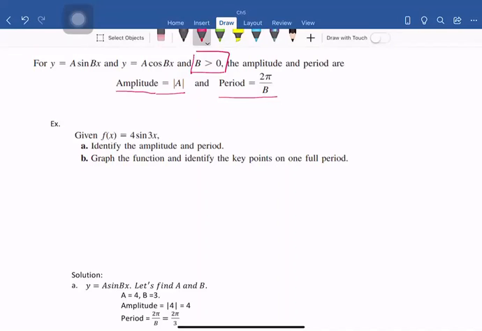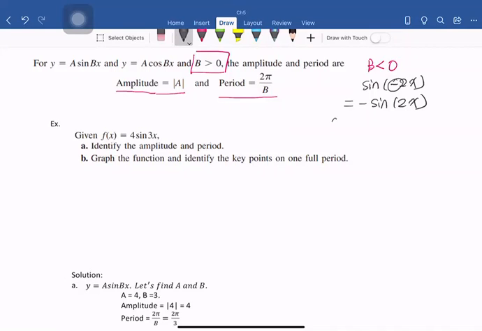If I have a b less than 0, by the even and odd functions, I need to convert the b to positive. For example, if I have sine negative 2x, I must convert it to negative sine 2x. And then we find the a and the b.